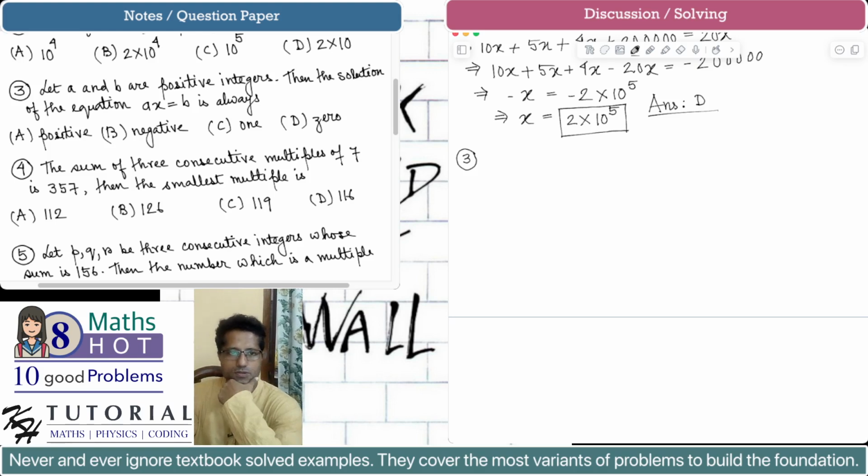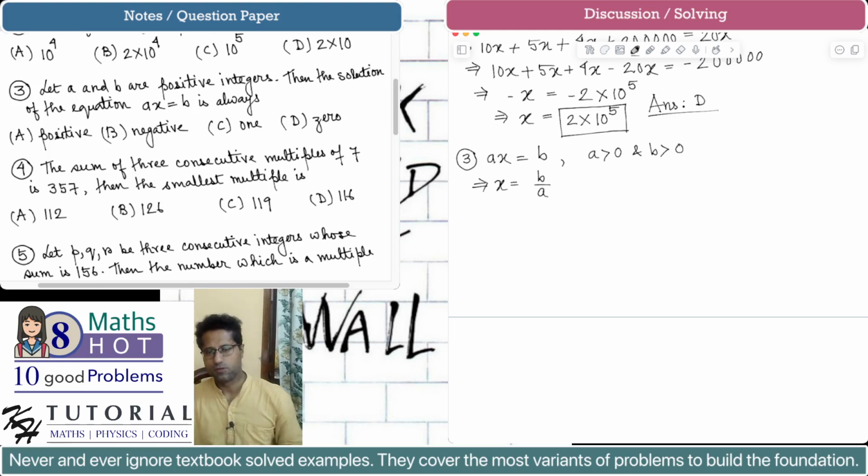Then the solution of the equation ax equals b is always, okay, so the equation given is ax equals b, where it is given that a is greater than 0 and b is also greater than 0. Then it is asking, the solution of the equation is always. Now what will be the solution of the equation ax equals b? It is simple. This implies x will be equal to b by a.